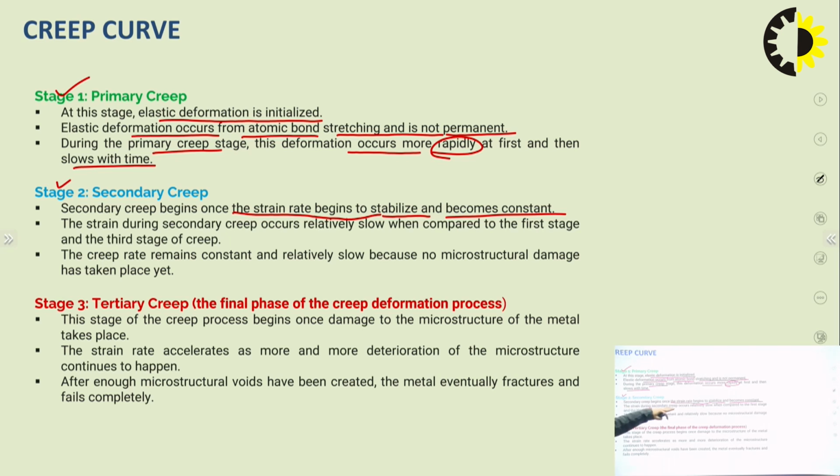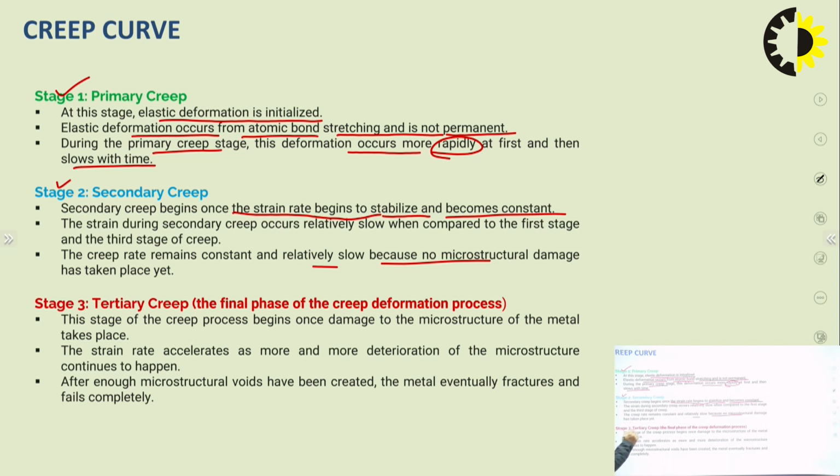The strain during secondary creep occurs relatively slowly compared to the first stage. If you compare the rate of change of strain and deformation, it will be very slow compared to the first and third stages. Creep rate remains constant and relatively slow on microstructure. So this is again true for the secondary zone.